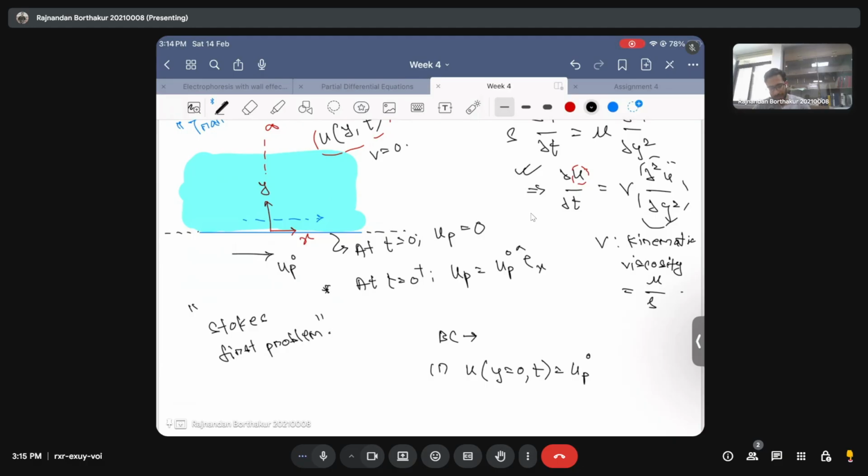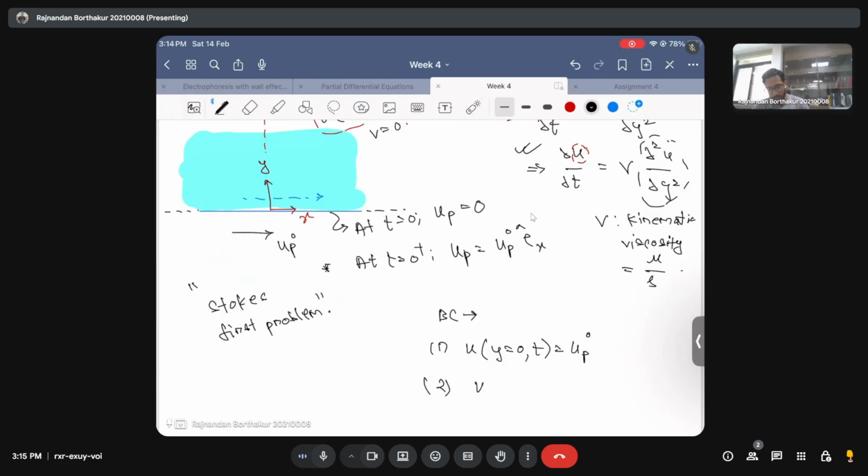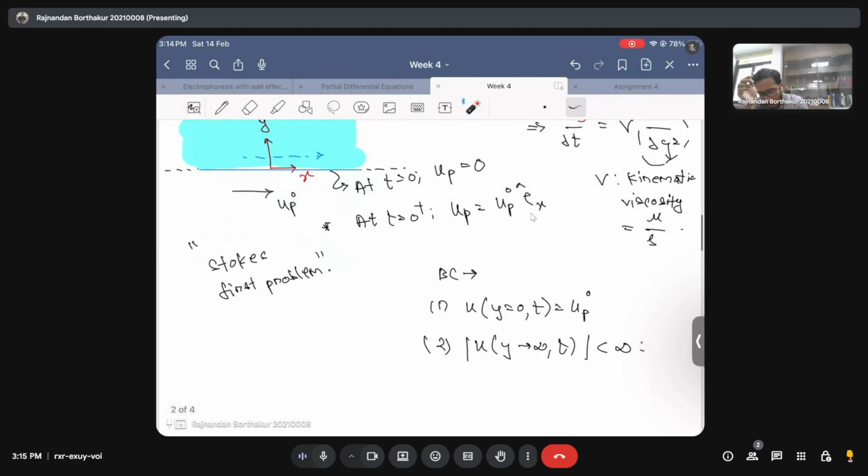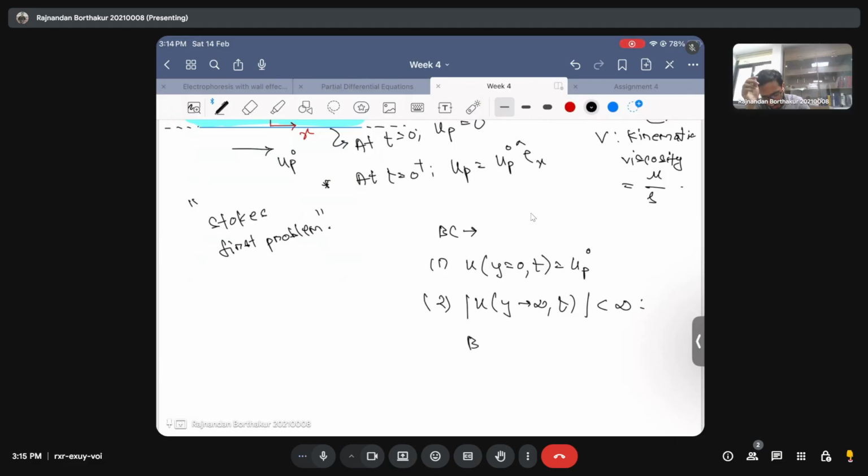And then you also use the fact that u, when y tends to infinity for all time, has a magnitude less than infinity, and this is a condition which we call the boundedness condition. That is, your velocity field cannot blow up when you go far away from the plate, and that is obvious, right? Because you have viscosity, which will try to slow down the disturbances that get propagated from this position to the plus y direction. So this condition is known as the boundedness condition.